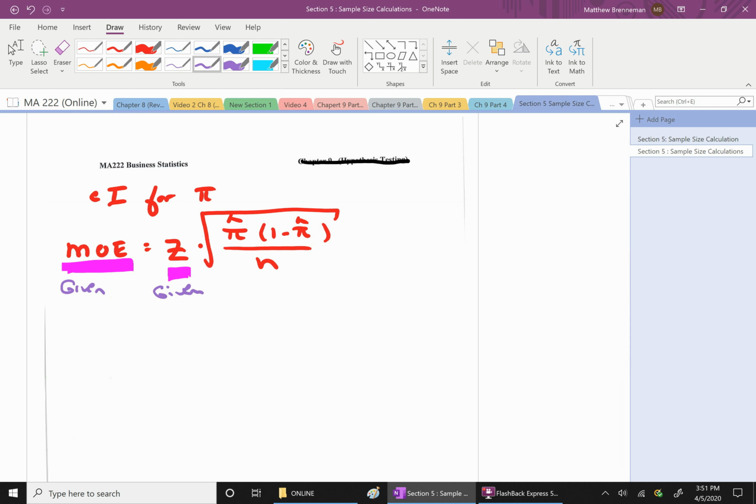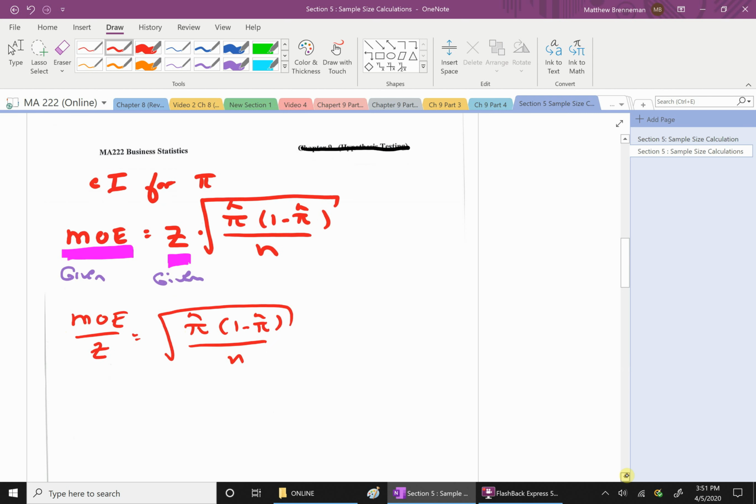I'm just going to do some real quick algebra here. I'm going to divide the margin of error by the z-score, and I'm going to square both sides to get rid of the square root.